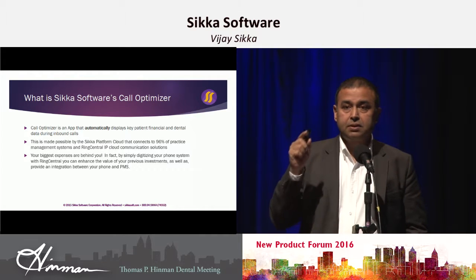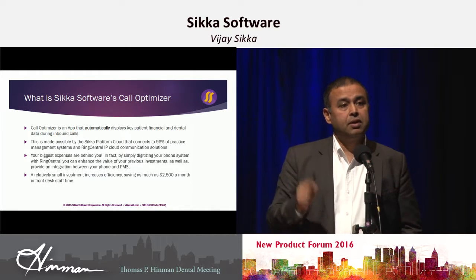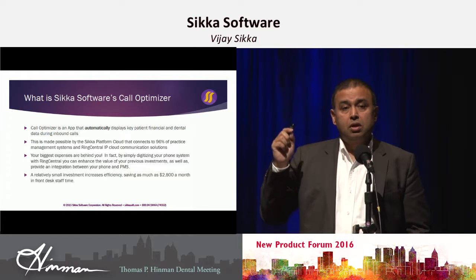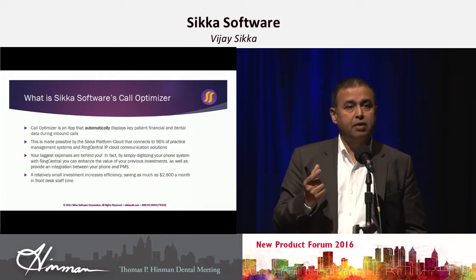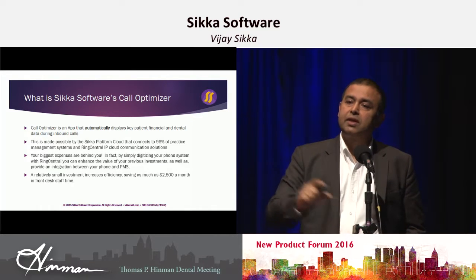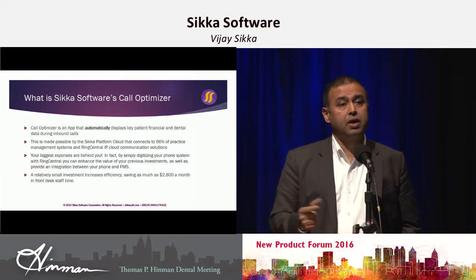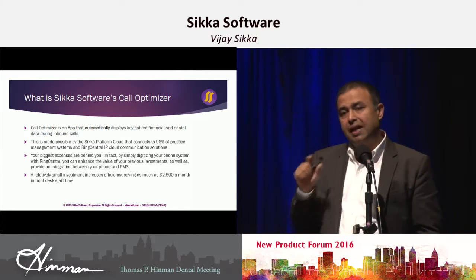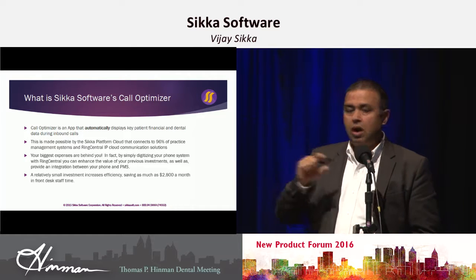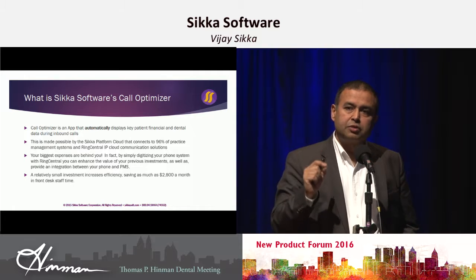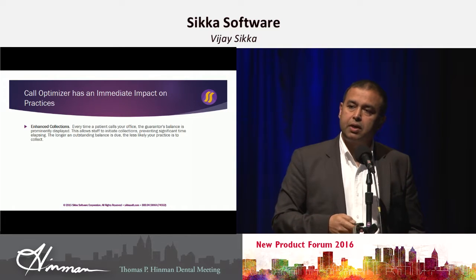And the biggest thing here is that you need to use phone systems which are voice over IP so that it gives you a way to actually give lots of other capabilities such as call recording and identification of different extensions and lines. And that's how Call Optimizer works to, with a small investment, help you save over $2,800 a month.